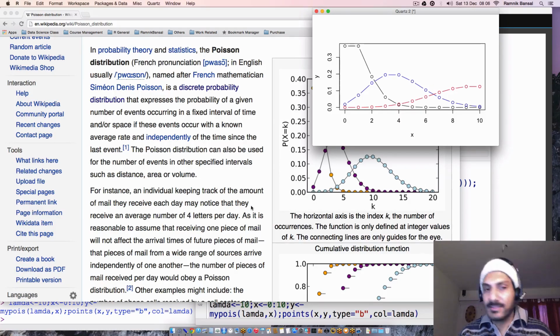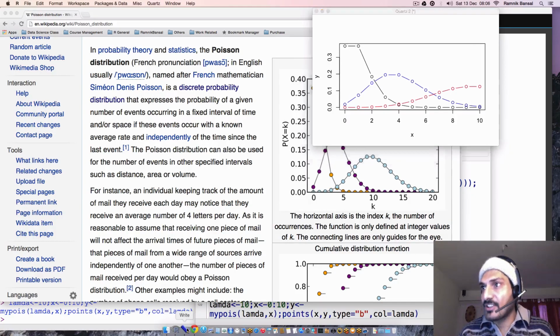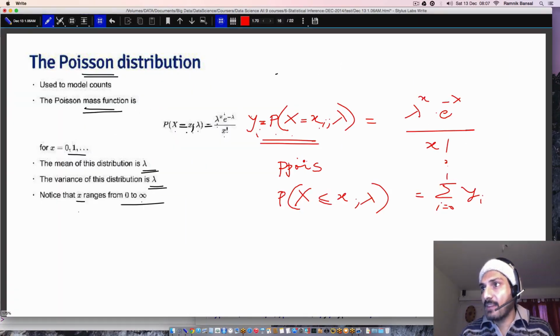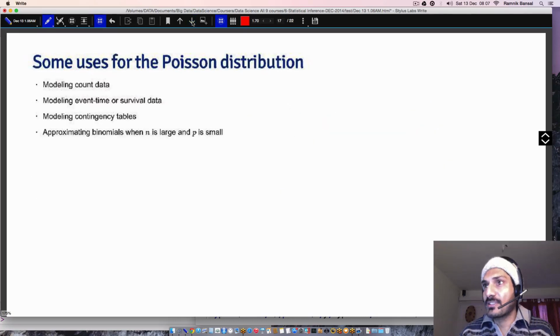Is this clear? So can you see, basically it is nothing but just the computation for the simple function that is there. What is that function? We already know it. It is lambda raised to x, e raised to minus lambda, divided by x factorial. And we can actually plot it as well using R. Done? So Poisson's distribution is understood.